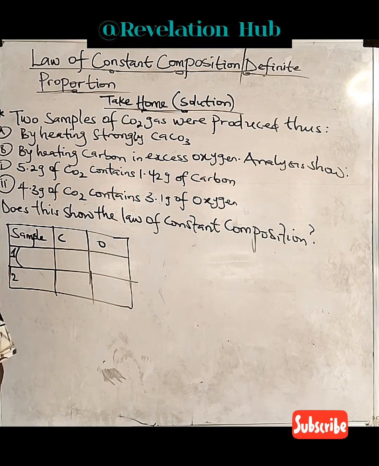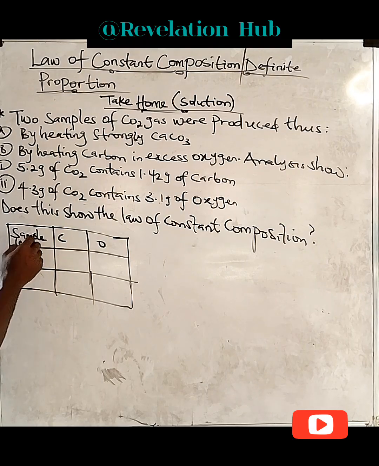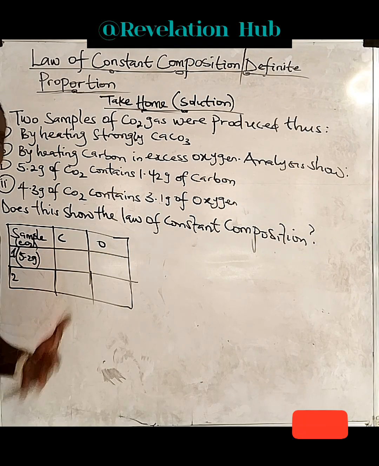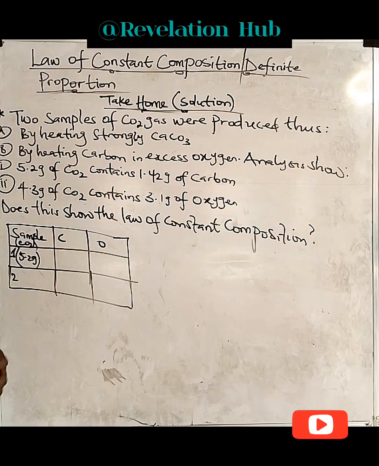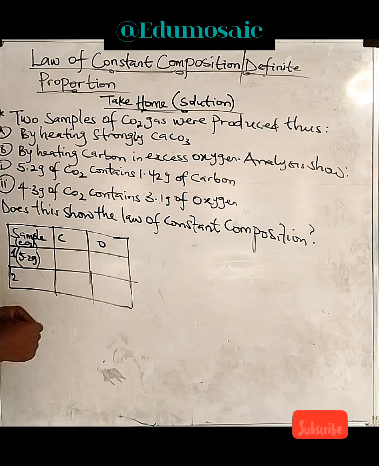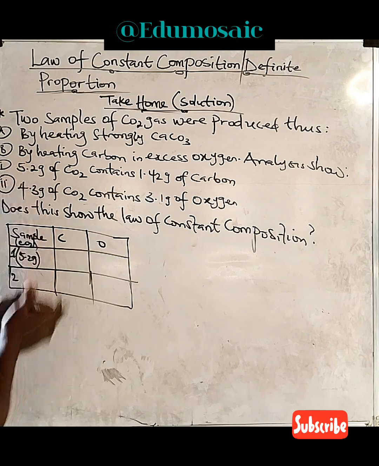For the first sample, we have 5.2 gram of CO2 gas. Don't forget the law: regardless of the method of producing the CO2, if it's truly a pure sample of CO2, it doesn't change the composition of CO2, regardless of the method we use for its production. So that's what we're trying to ascertain: whether this obeys the law of constant proportion.